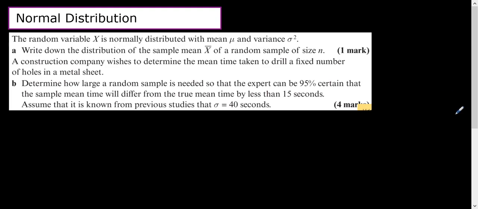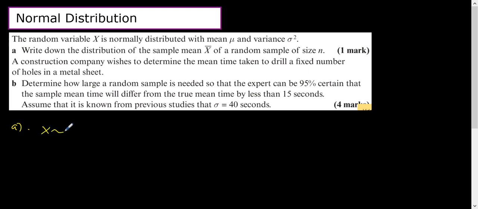So the last question that I've got for you is the last question on the normal distribution. And this is one of these questions that tends to trip people up. So we have a random variable normally distributed with a mean mu and a variance sigma squared. Write down the distribution of the sample mean of a random sample of size n.